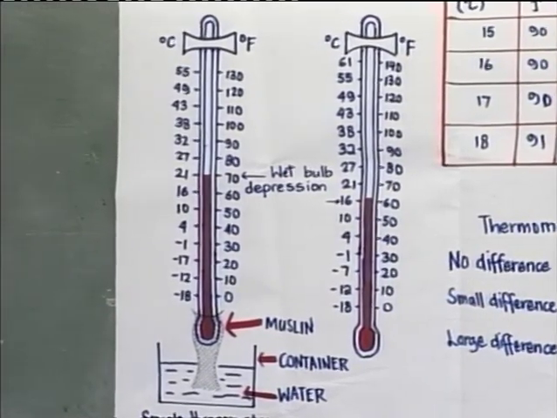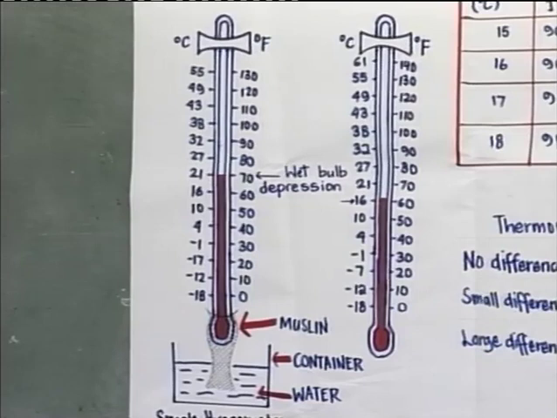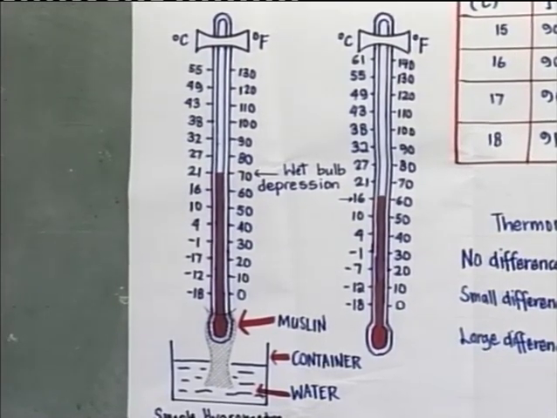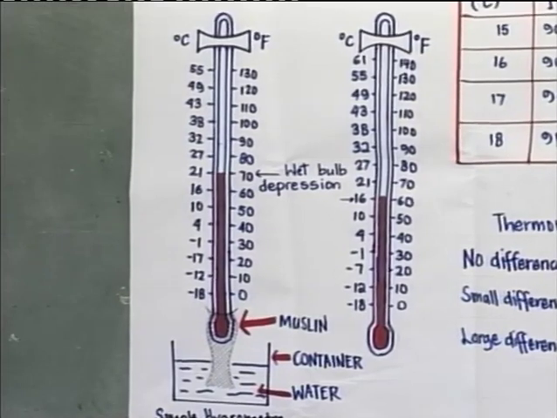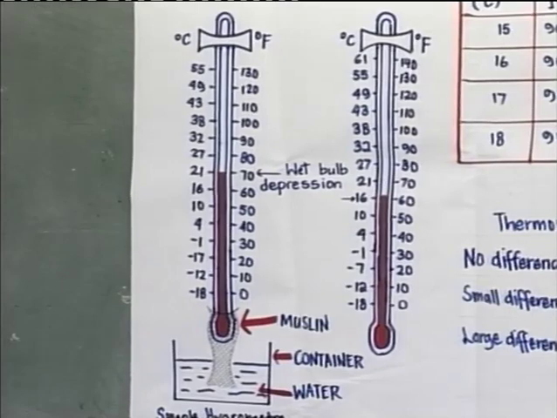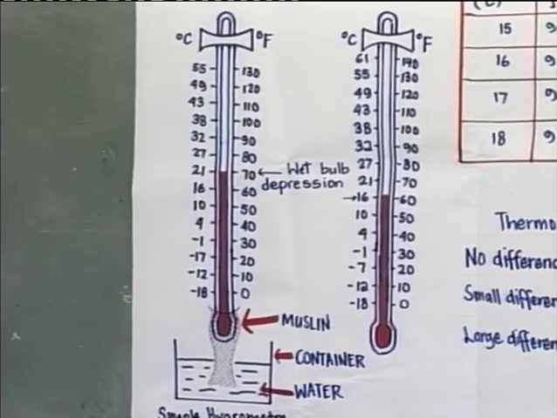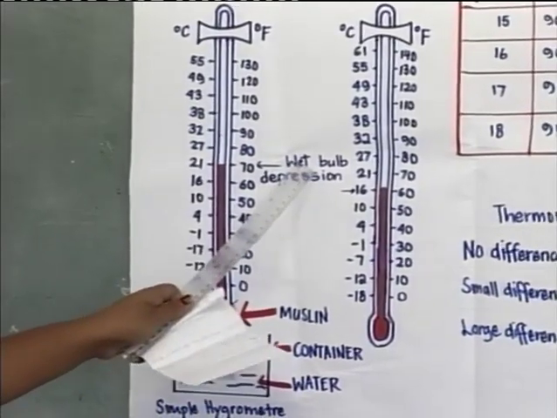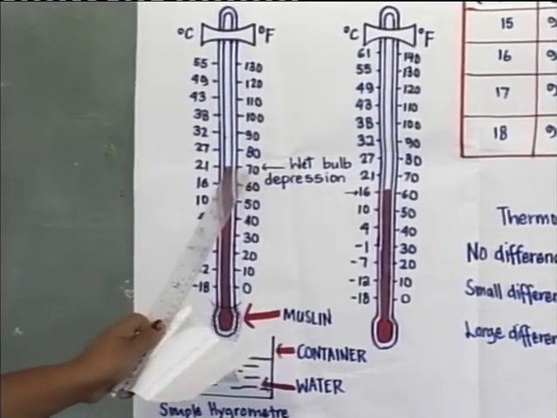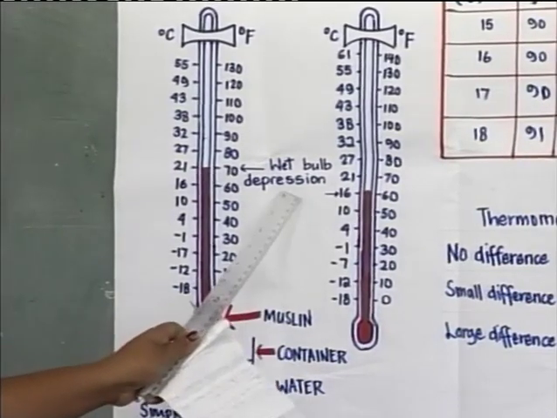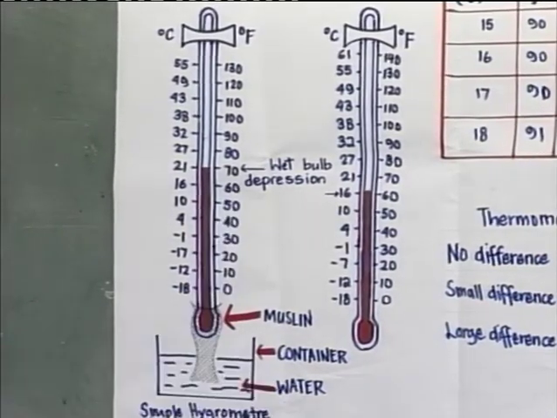When the air is saturated, there is no evaporation, hence no cooling. The two thermometers show the same reading. The difference between the two readings is therefore an indication of the humidity of the air. The difference between the wet and the dry bulb is the depression, which shows the humidity.